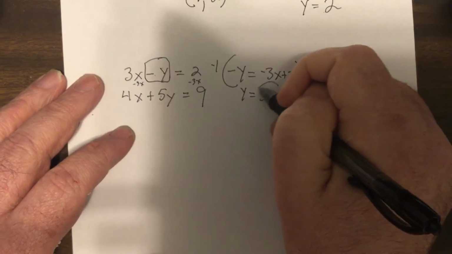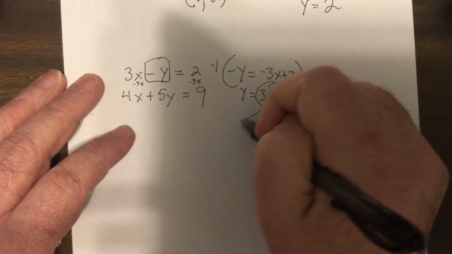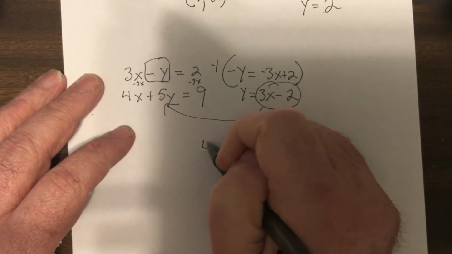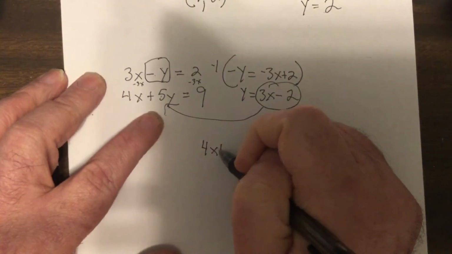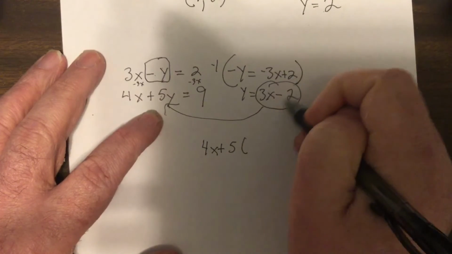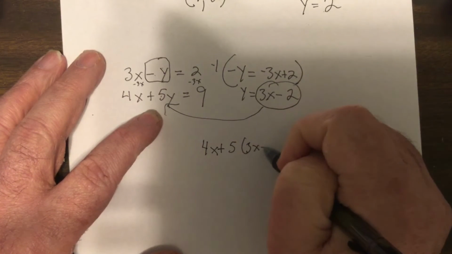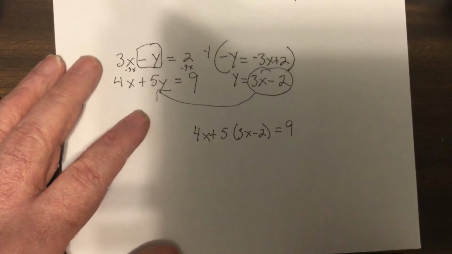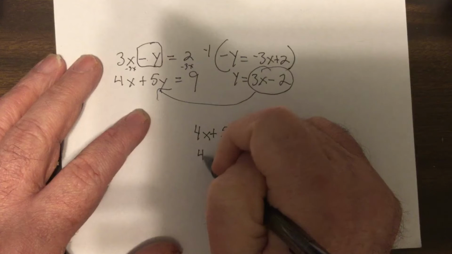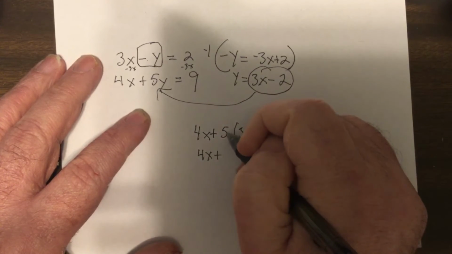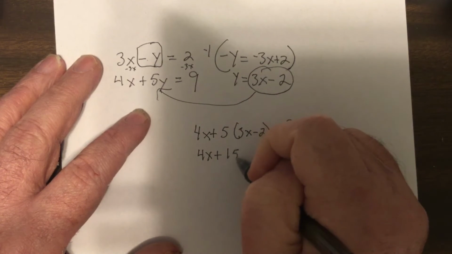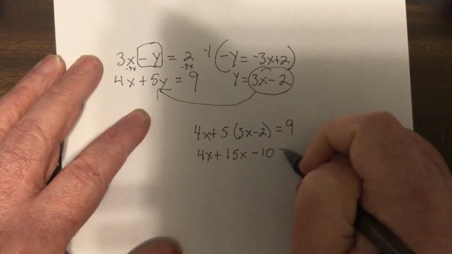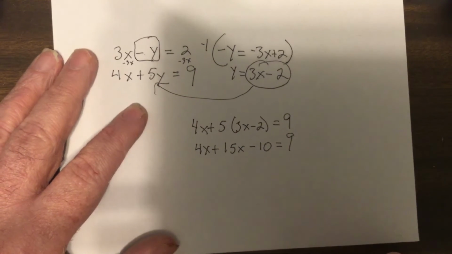So now I'm going to take this and put it in my other equation, 4x plus 5y. So I'd have 4x plus 5 times what I substitute in, 3x minus 2, equals 9. So I have 4x plus 5 times 3x is 15x. 5 times minus 2 is minus 10, equals 9.